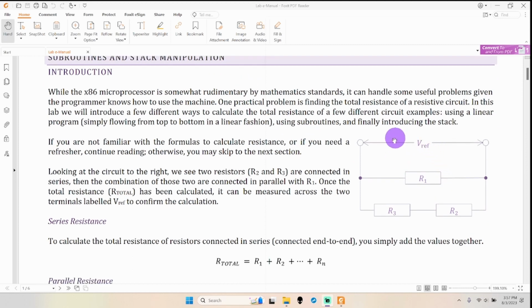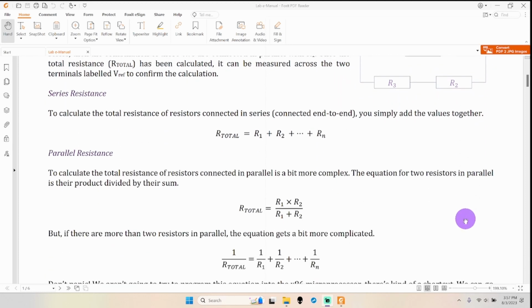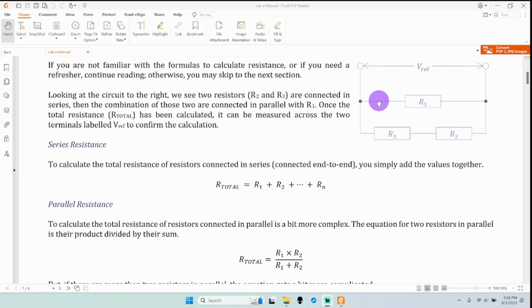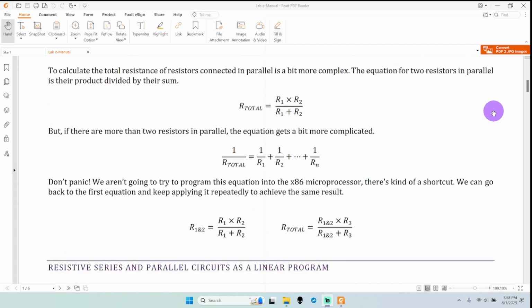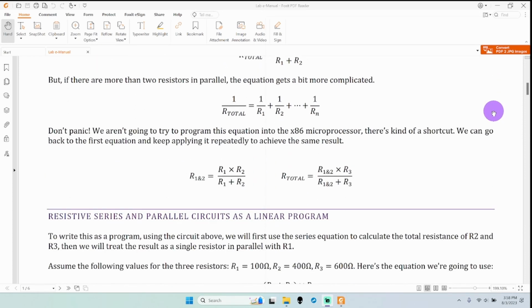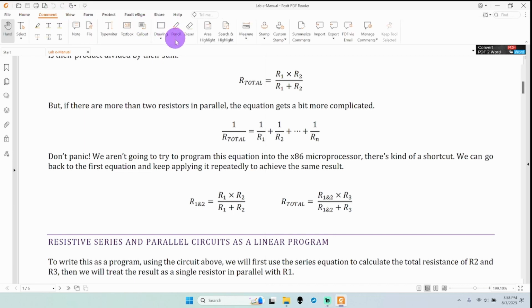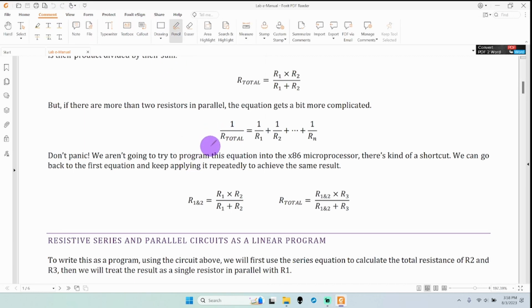We're going to start with this circuit you guys see right here, and we're going to write the code for the total resistance of this circuit up here. Now, you probably have learned from previous classes that to find the total resistance of a given circuit in parallel, you use this formula right here.